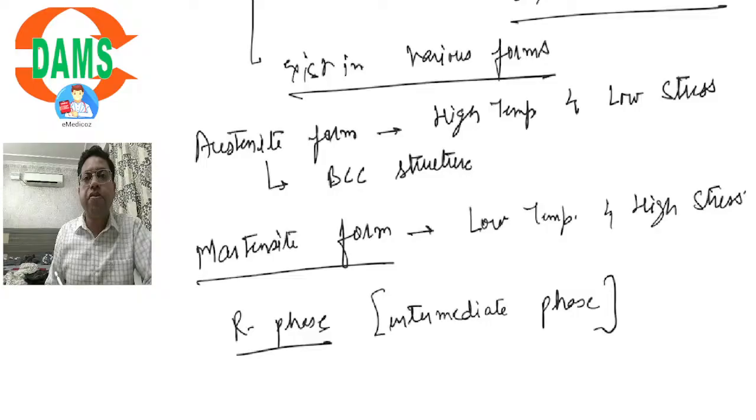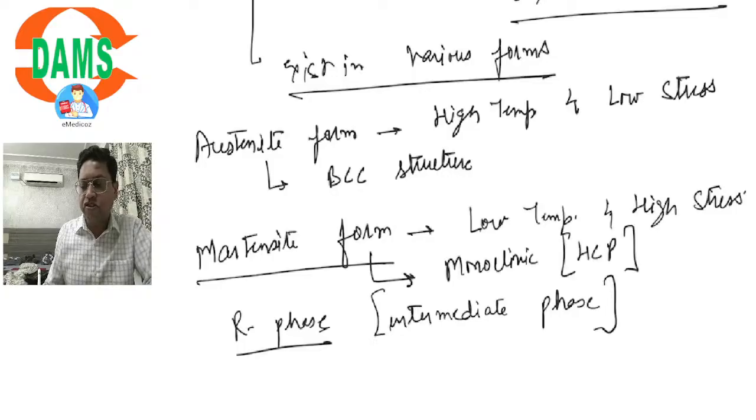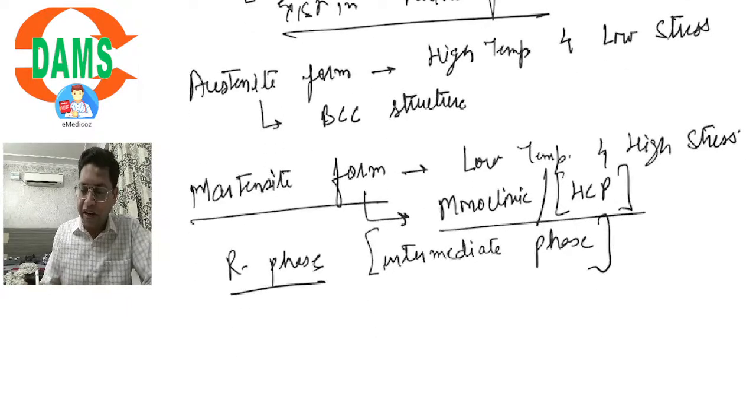If we talk about the crystal structure of the martensite form, it is monoclinic. Sometimes it is also called HCP structure or hexagonal close-packed structure. But the better term to describe the crystal structure of the martensite form is monoclinic.